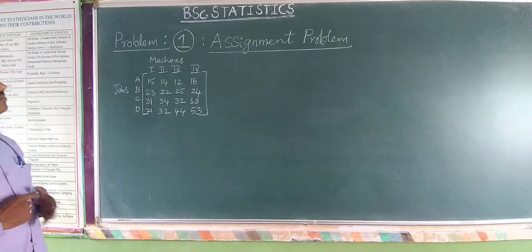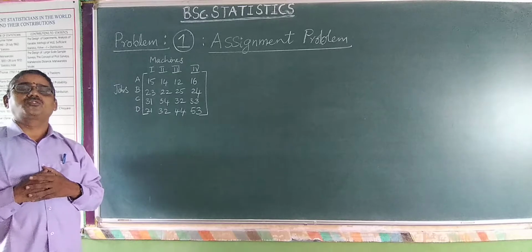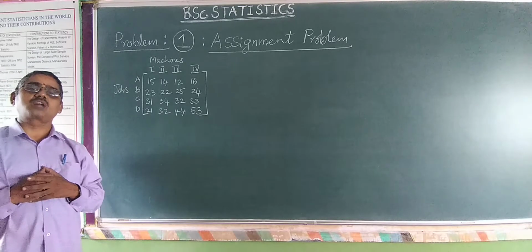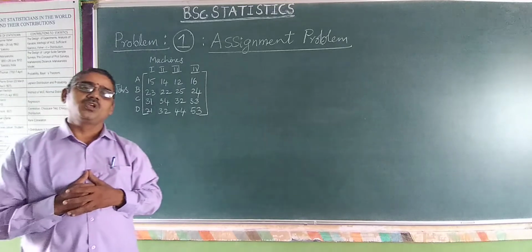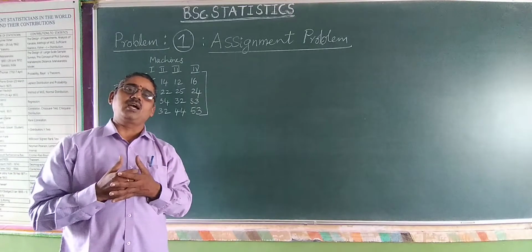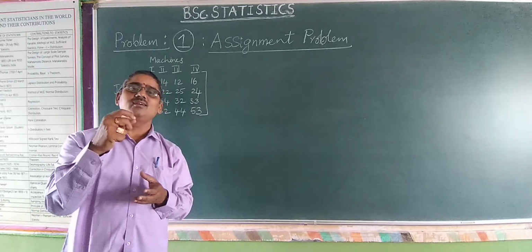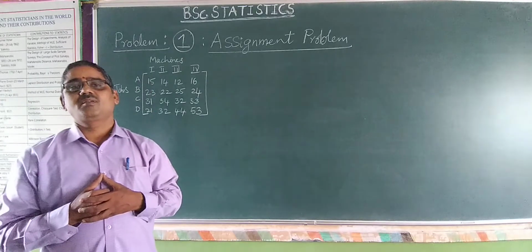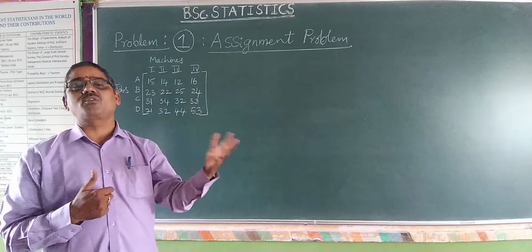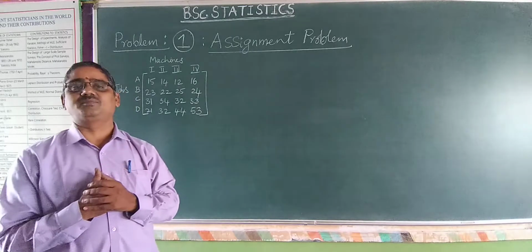Now we have to solve the assignment problem, which means we have to obtain which particular job is assigned to which particular mission, so that the total assignment cost is going to be minimized.